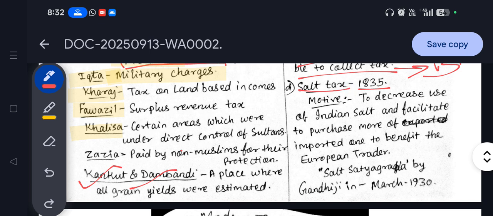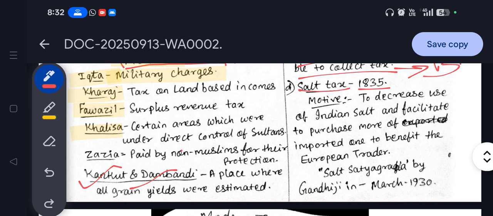So that if they apply tax on salt, it becomes costly and the imports from India stop, because the Britishers didn't come to India with the motive of flourishing India, but with a motive to loot India, to take maximum resources from this country, and become rich in their country, Britain.